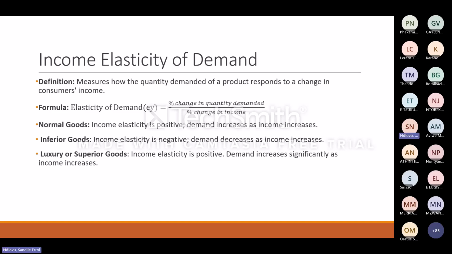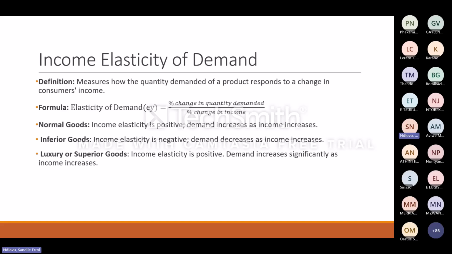So maybe if my income increases by 10%, I might demand 7% more clothes because I love clothes, all right? So that is for normal goods. Your normal goods are goods that you love. So that would be your food, your clothes, cars, and housing, okay? All the good things that you guys love.